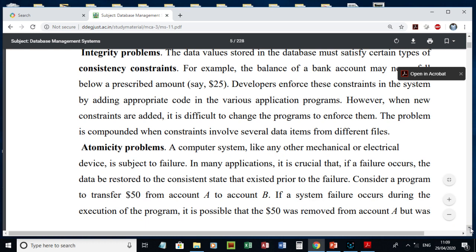Now, in many applications, it is crucial that if a failure occurs, the data be restored to the consistent state that existed prior to the failure.